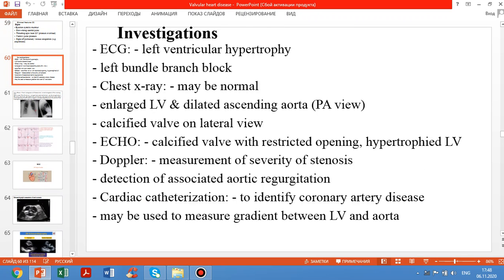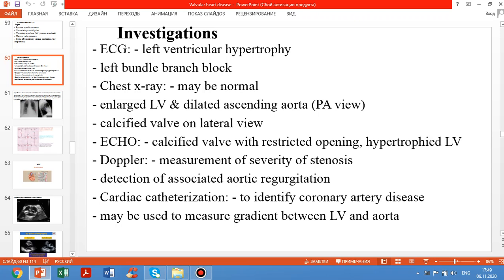Investigations: in ECG, you can see left ventricular hypertrophy, left bundle branch block. In chest X-ray, may be normal, but otherwise enlarged left ventricle and dilated ascending aorta on posterior anterior view, and calcified valve on lateral view.